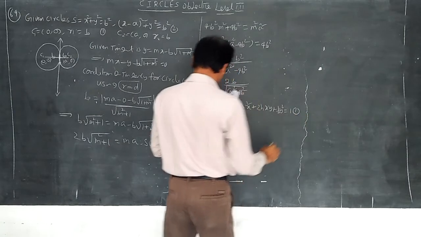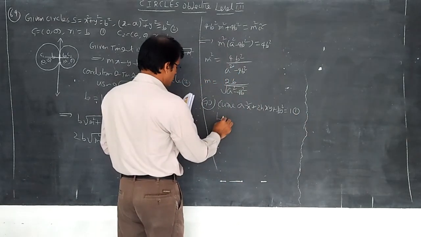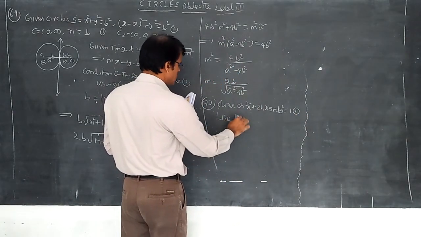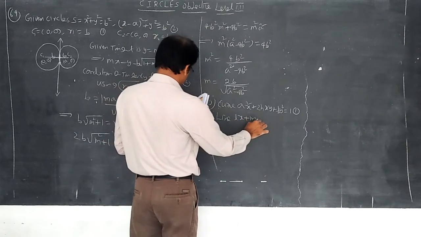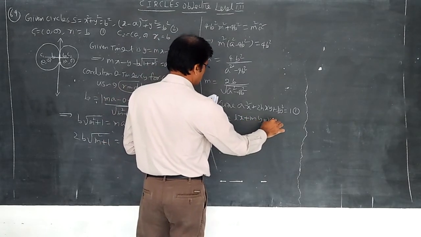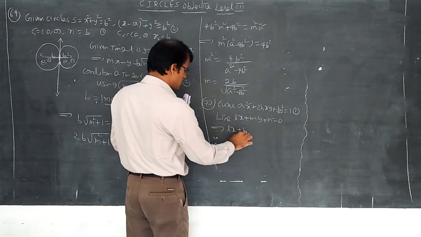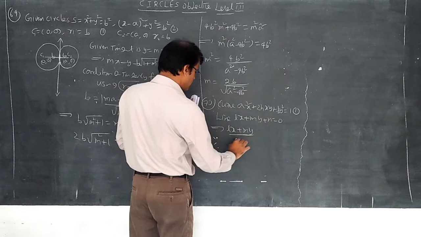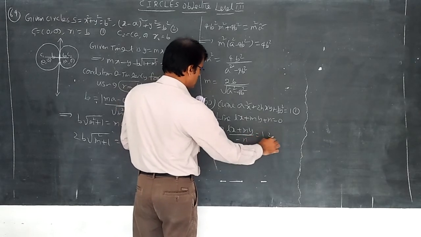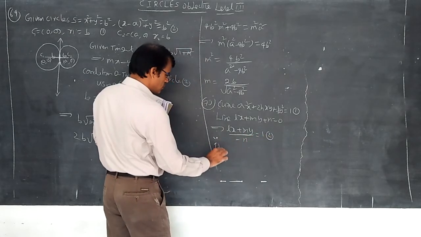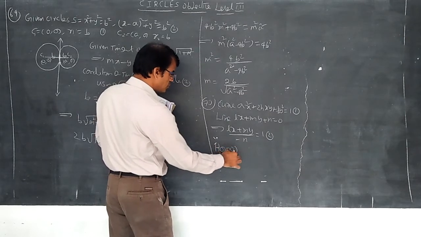Let this be the first equation. Next, the line is lx + my + n = 0, which implies (lx + my)/(−n) = 1. This is the second equation.